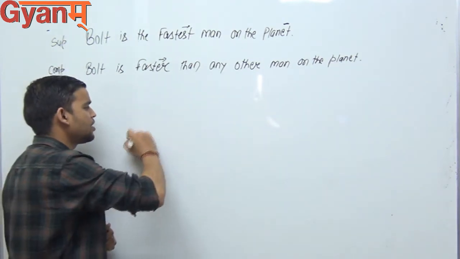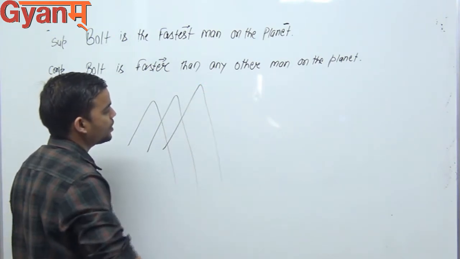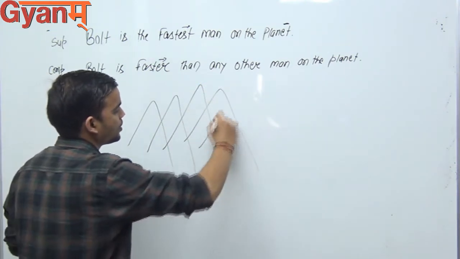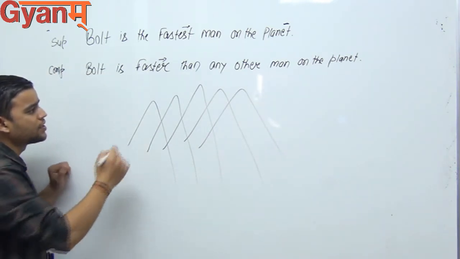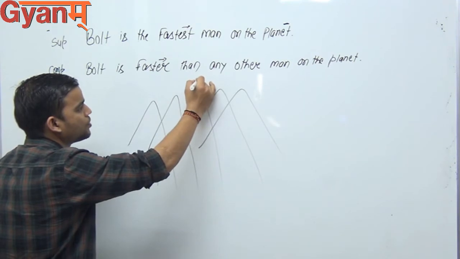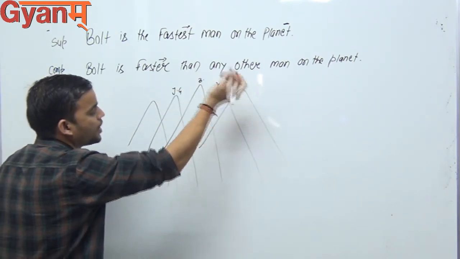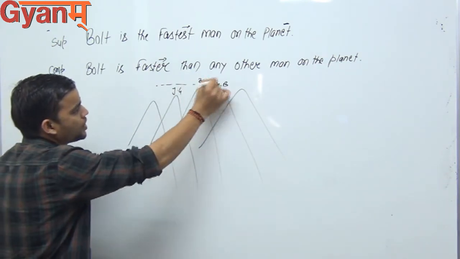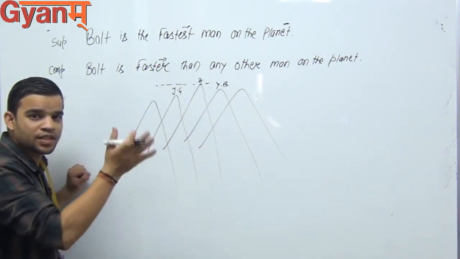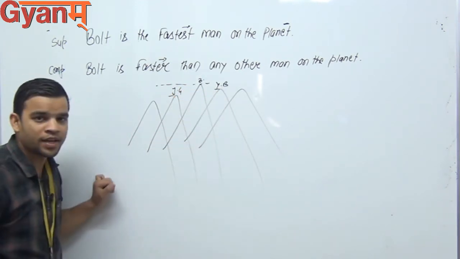Let us understand this thing diagrammatically. You can see these figures are like mountains, but let us consider that this person is Usain Bolt, this is Justin Gatlin, this is Johan Blake, and many others. Bolt has the highest, then Gatlin, then Johan Blake.